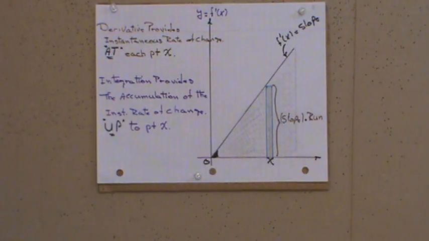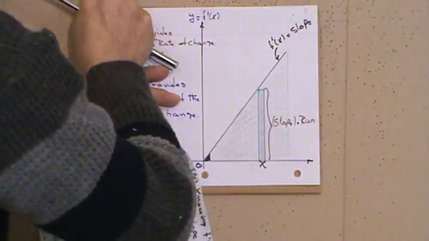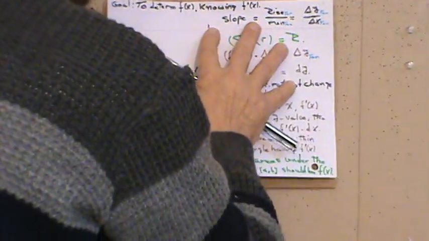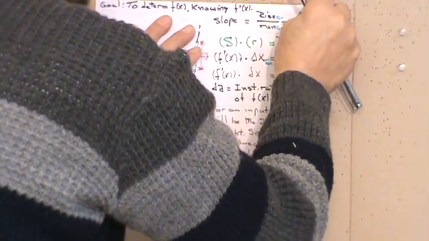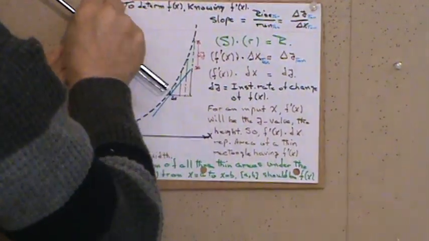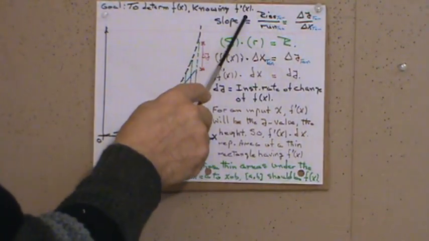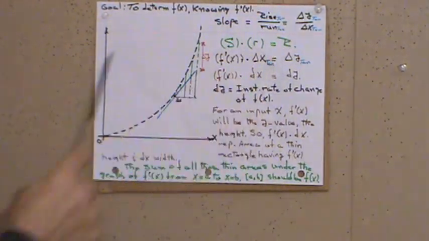So I will have more examples for that. I will be making more examples so that we become more explicit. Okay, the final one is something that we have seen. It's just for extra repetition for you to think and reflect or keep repeating that because it's very important. Now, the goal is to determine f of x knowing the derivative of x. So I went to the slope, which is rise over run, delta y over delta x.